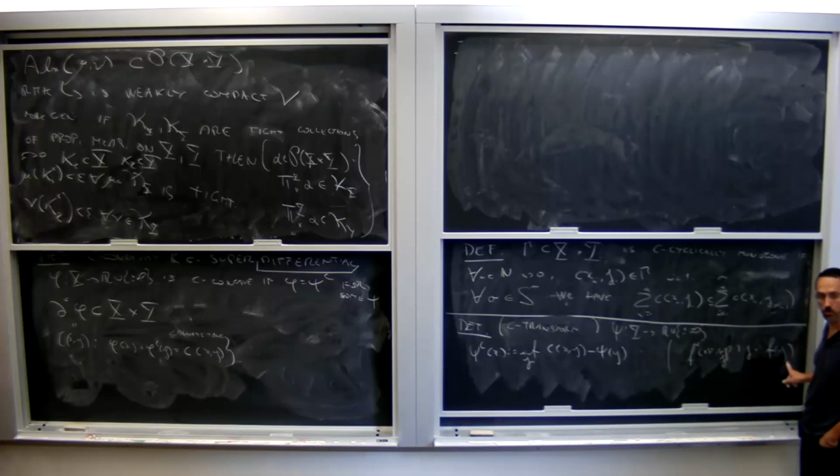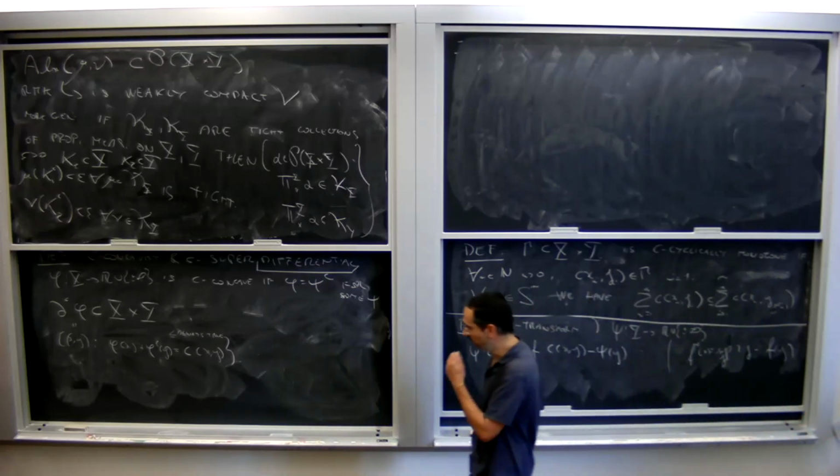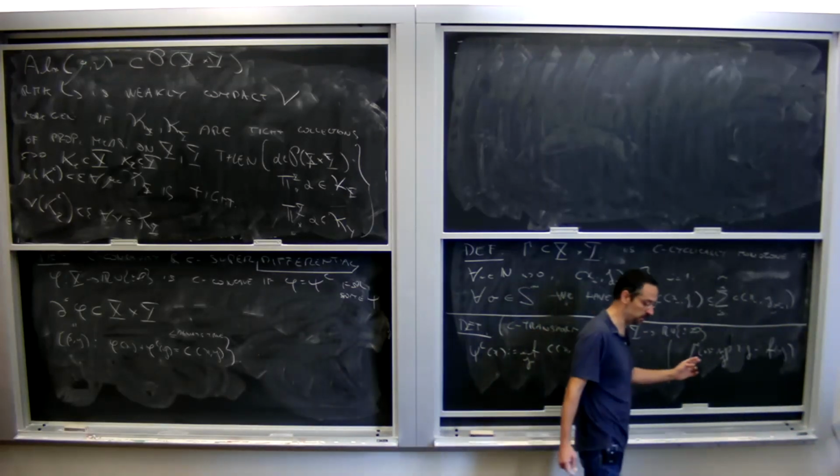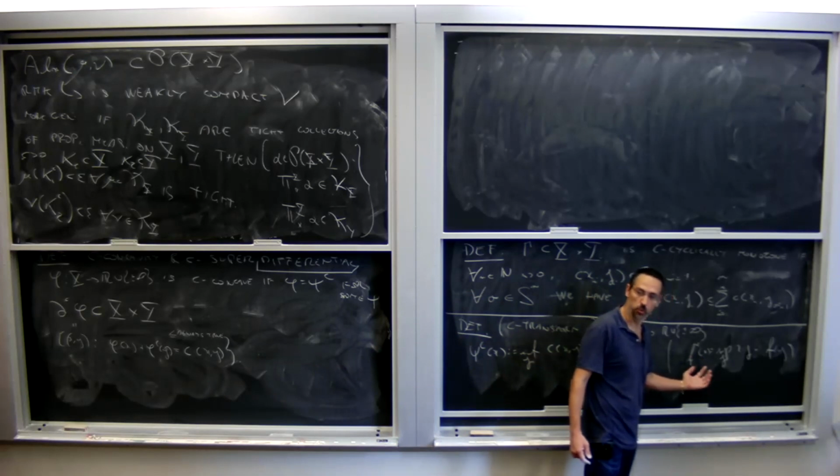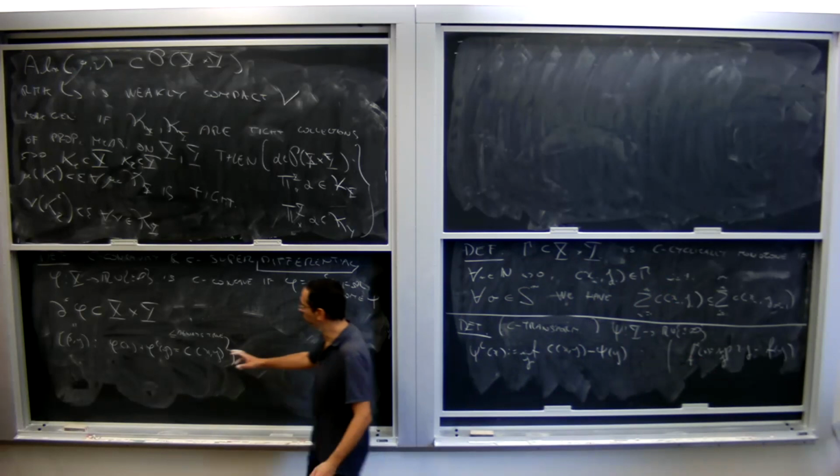You know that when y realizes the max over here, it means that y is in the subdifferential of f. And much like in convex analysis there is this duality between f and f star, here we have the analogous duality.